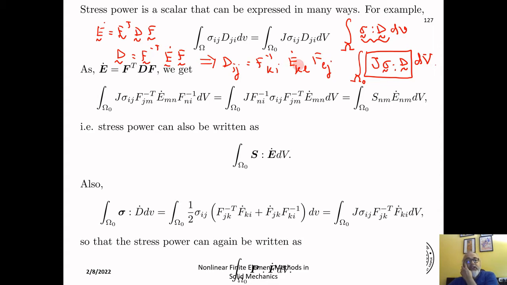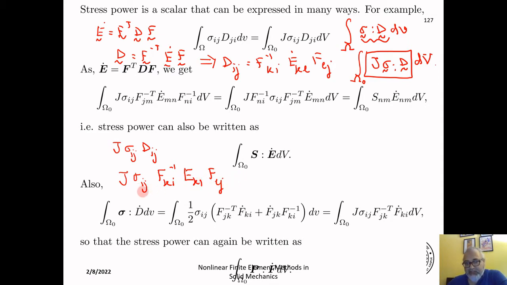So this is your Dij, and I'm evaluating J sigma ij Dij, which is J sigma ij F inverse Ki E dot KL F inverse Lj.